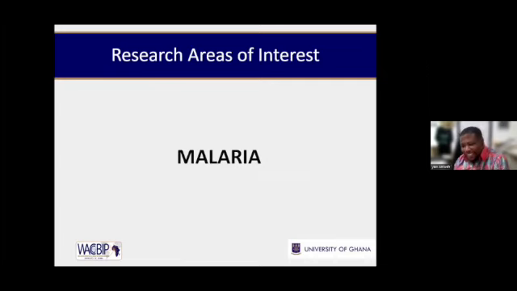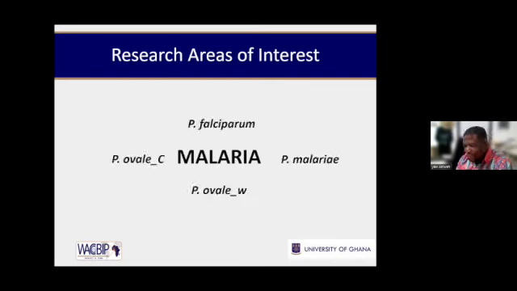So over the years, I've been working on malaria research, and you will all bear me out that there are different parasites that can cause malaria. We have Plasmodium falciparum, Plasmodium malariae, and Plasmodium ovale. For ovale, we have ovale curtisi, that's why you see me put it as ovale C, and we have ovale wallikeri.